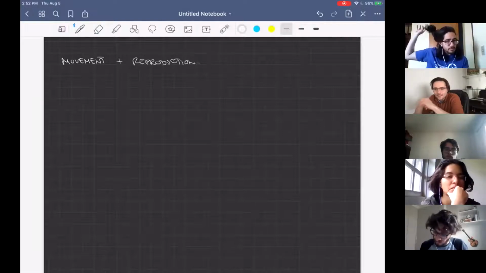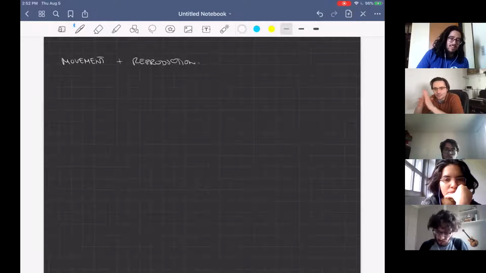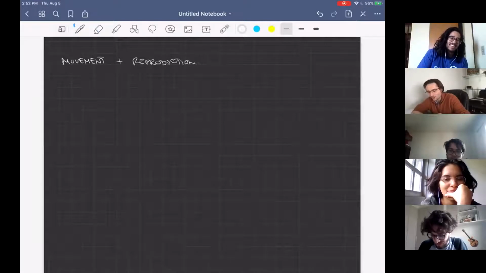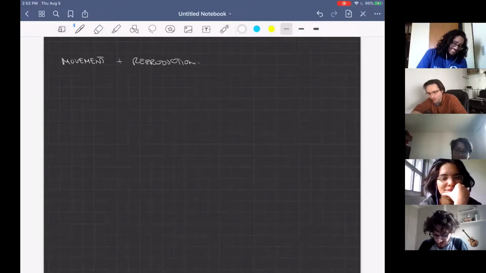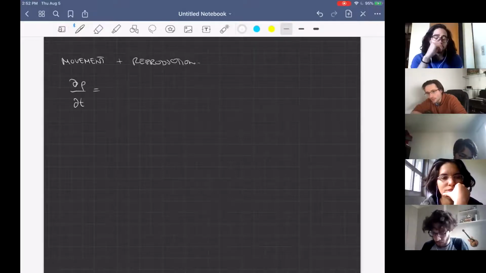And what I am going to do now is probably the least rigorous thing you will see in any physics or math course that you take. What I am going to claim is that when movement and reproduction happen at the same time, I can modify my equation in a way that it looks kind of like this.